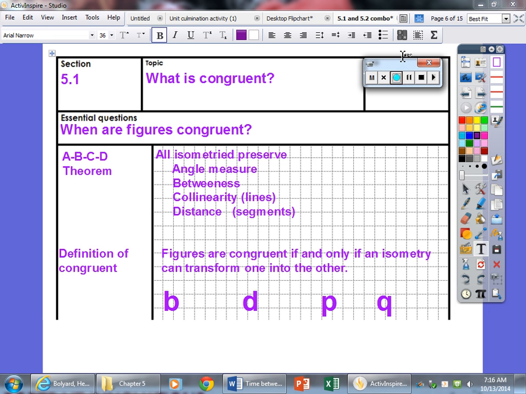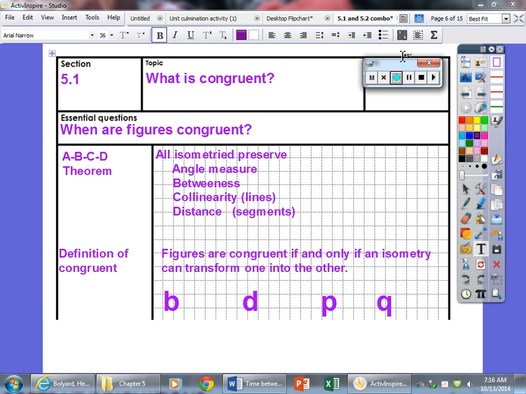It's the one that we already talked about in the last unit, that if we have an isometry, which is a translation, a reflection, a glide reflection, or a rotation, then all isometries preserve A, angle measure. So that means in both figures the angle measure would be the same.